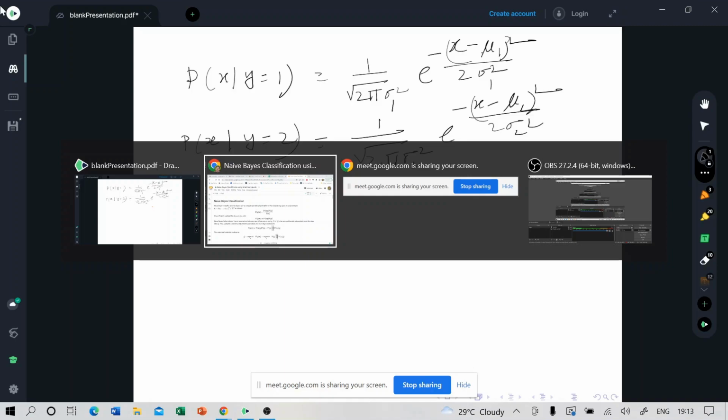So in Naive Bayes, we assume that the probability of x given y is nothing but the multiplication of the individual probabilities of xi given y. This multiplication comes from the conditional independence assumption. As a result, the number of parameters of the model gets reduced a lot.